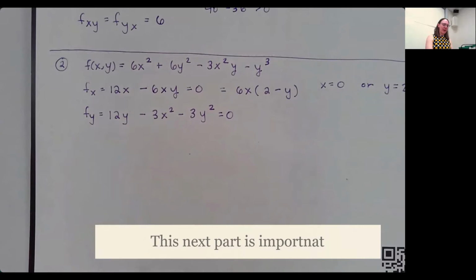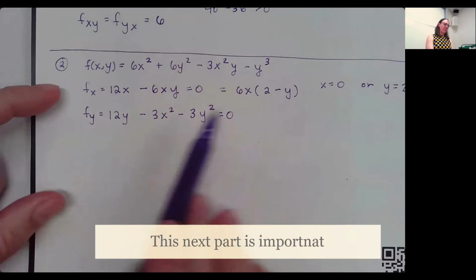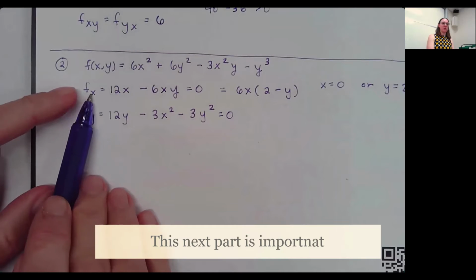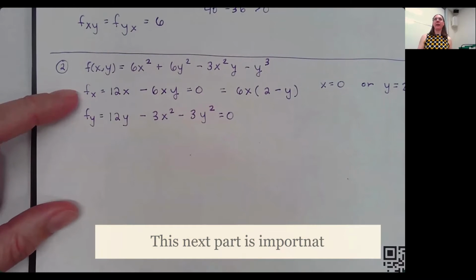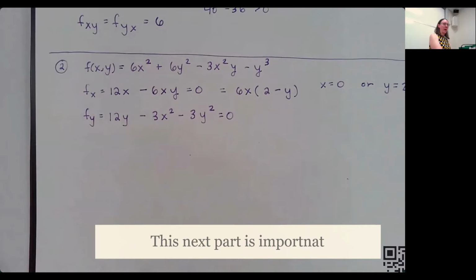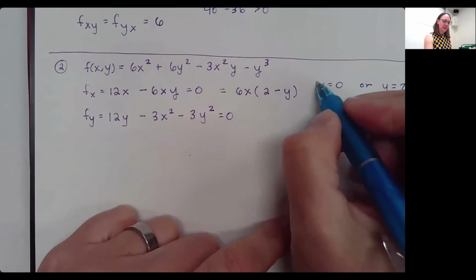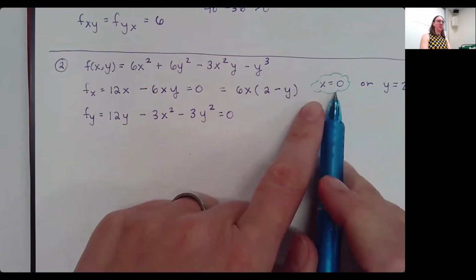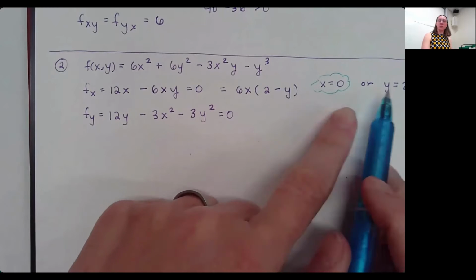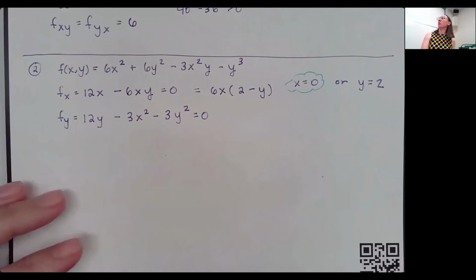And the reason for that is both of these are solutions to my partial with respect to x being equal to 0. But in order to be a critical point, I also need that partial with respect to y to be 0. So factoring it now means I can play out the scenario, what if x is equal to 0? And then play out the scenario, what if y is equal to 2?